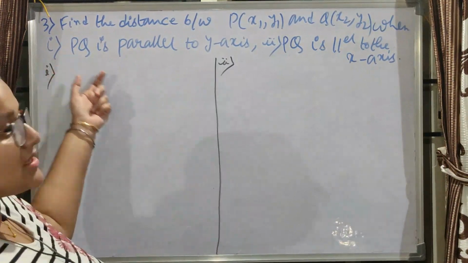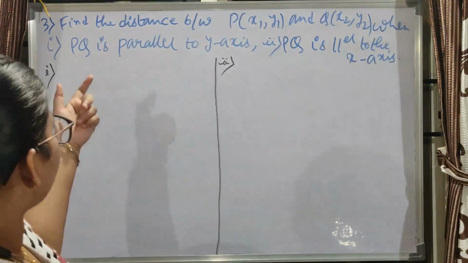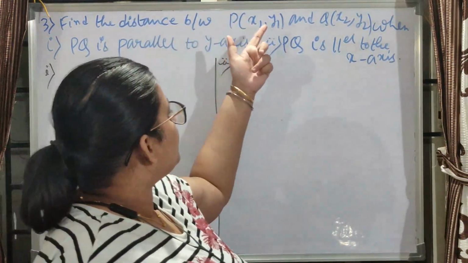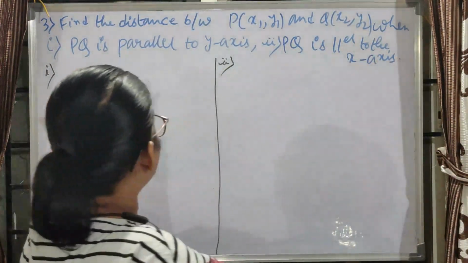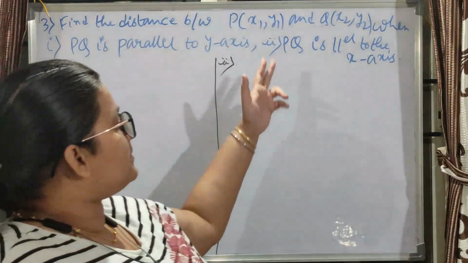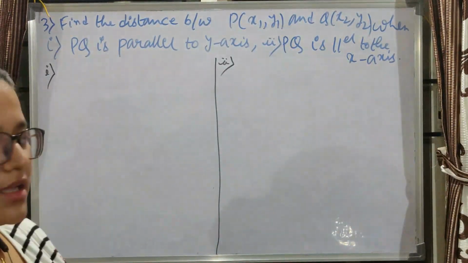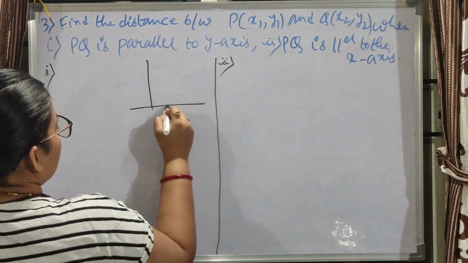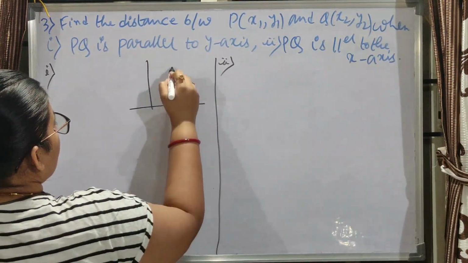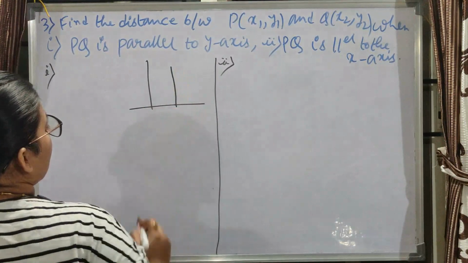Question number 3 is telling us to find the distance between P(x1, y1) and Q(x2, y2) when PQ is parallel to the y-axis, and when PQ is parallel to the x-axis. So when PQ is parallel to the y-axis, it will be like this.